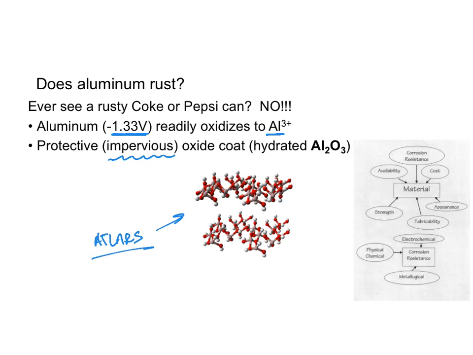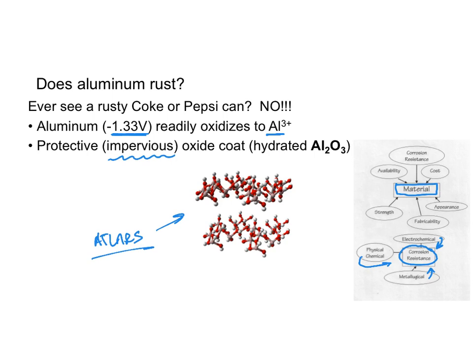So I couldn't leave this section without talking a little bit about what I used to do. Essentially, one of the groups I worked in was in corrosion resistance, and we were really concerned with the electrochemical properties. We were concerned with the physical properties. There was another group of engineers concerned with the metallurgical properties. But what I wanted to point out to everybody is real life is not like this Gen Chem course.